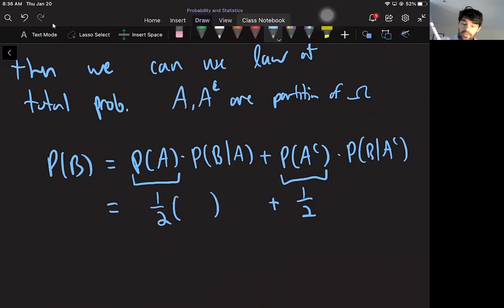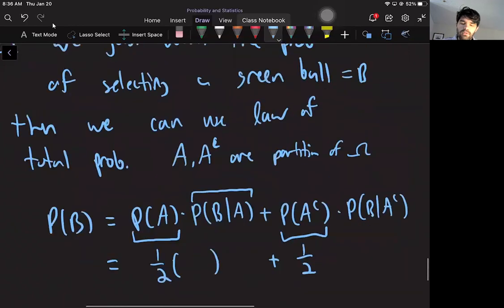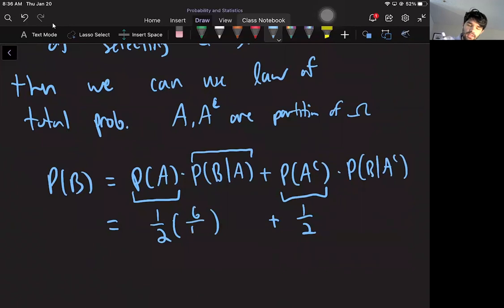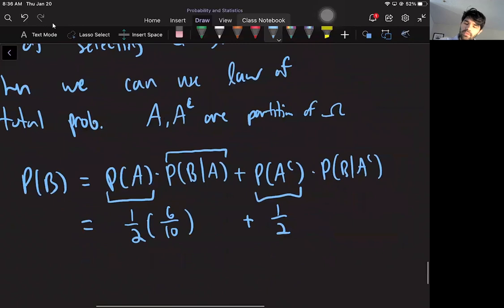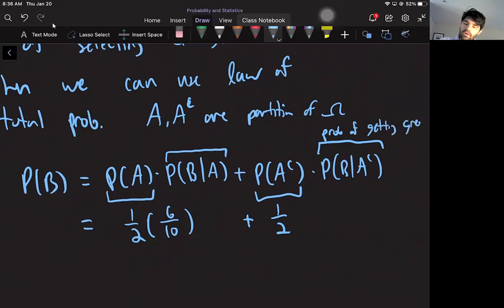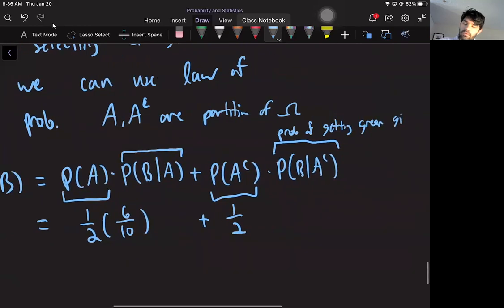What about here? This is the probability of picking a green ball, assuming you're in bucket 2. That's the 6 out of 10 from before. But then this one is the probability of getting a green ball given you're in bucket 1.